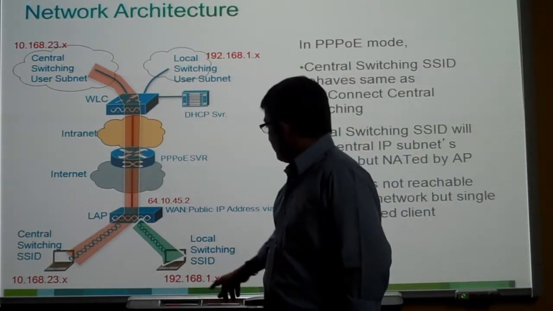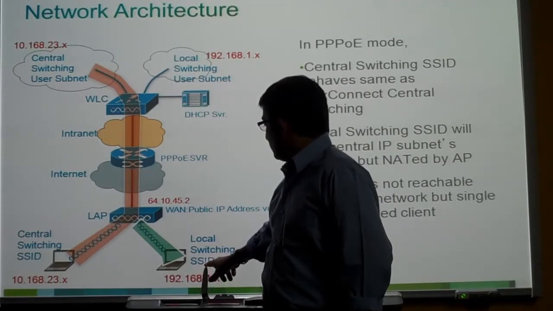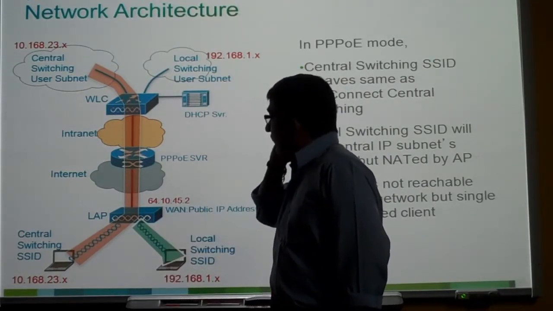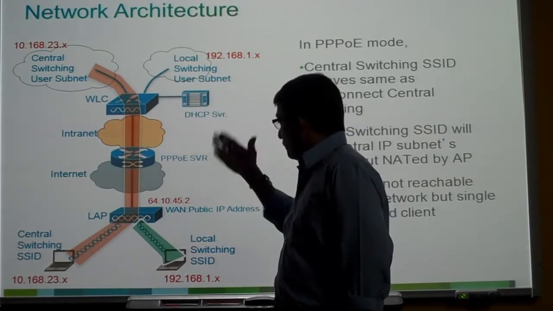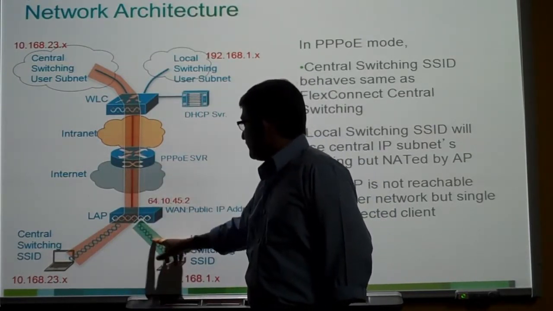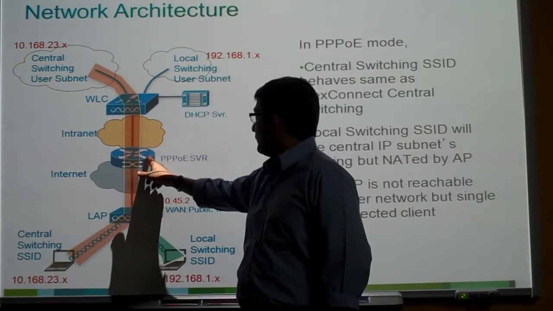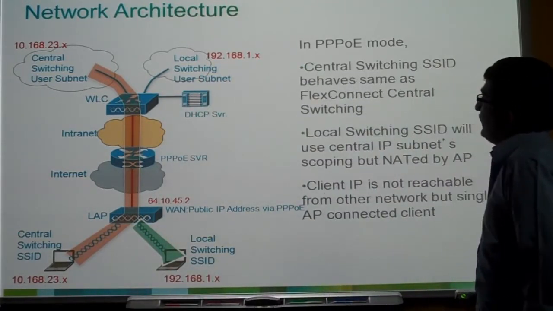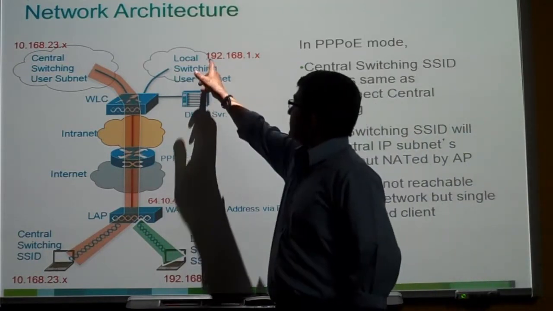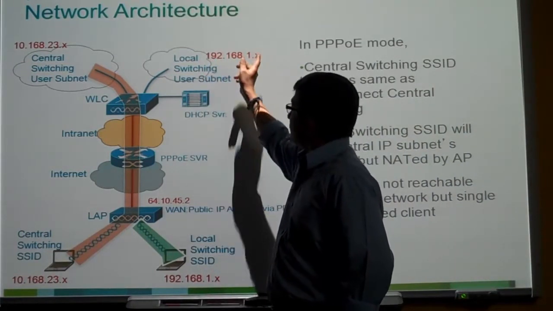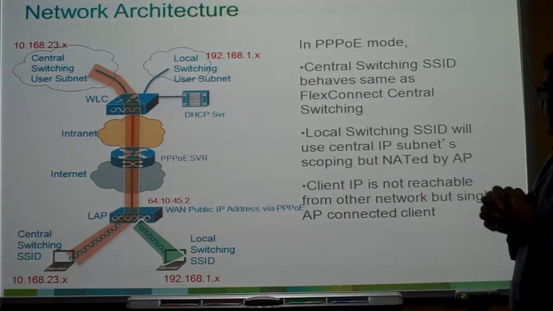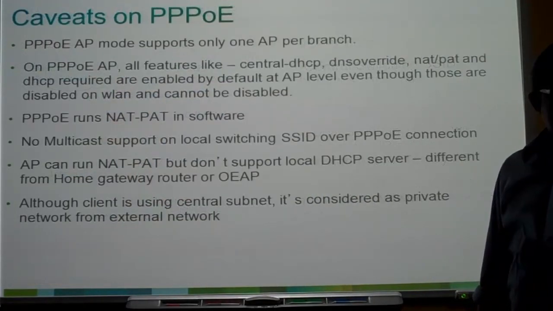And then, for example, a locally switched SSID typically is not going through the controller, but is directly going to the PPPoE, and it is subnet 192.168, which is the local switch subnet. So that's pretty much about the PPPoE.